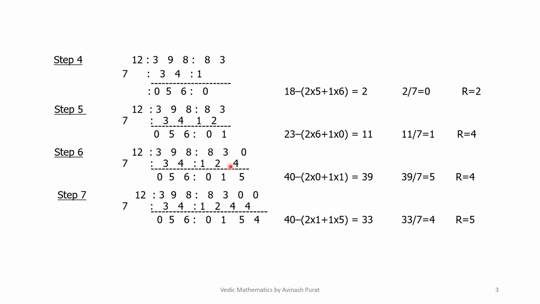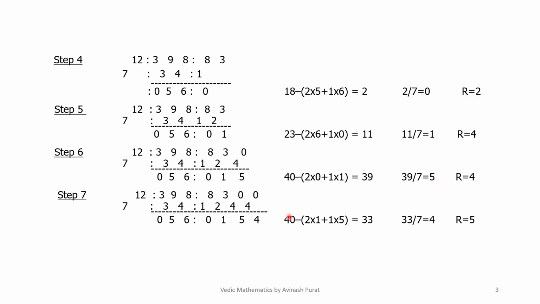Step 6, 40 minus 2 into 0 plus 1 into 1, that is 40 minus 1 equals 39. So 39 by 7 equals 5, and remainder is again 4.